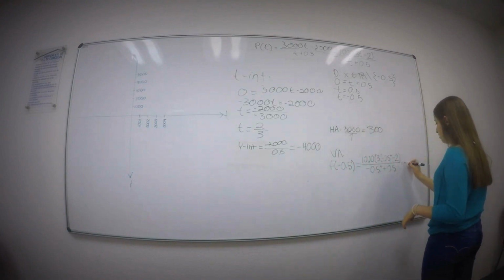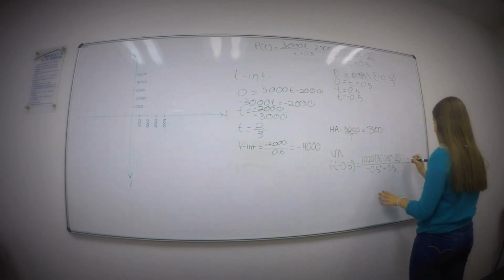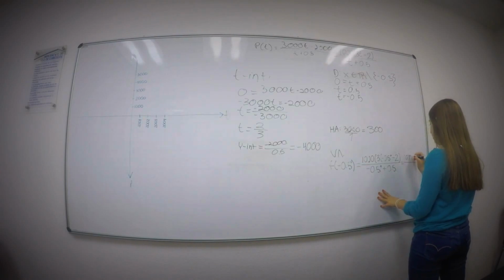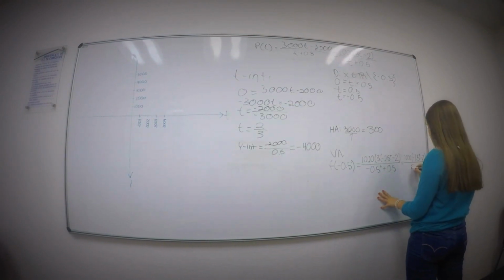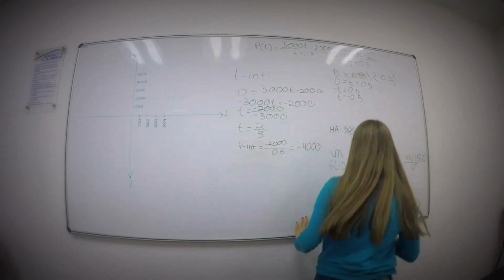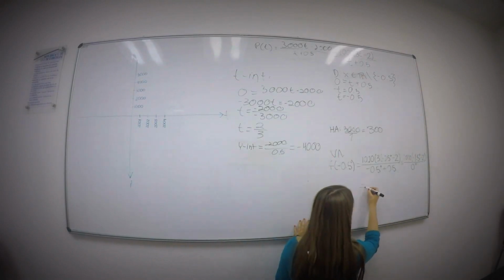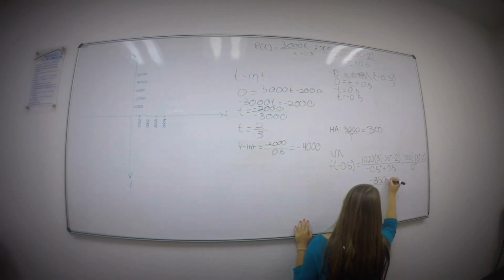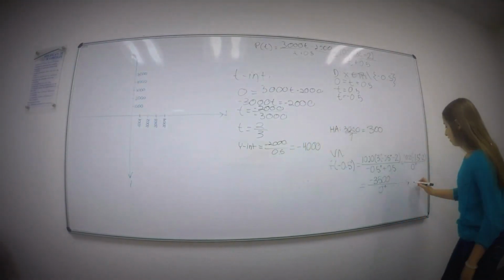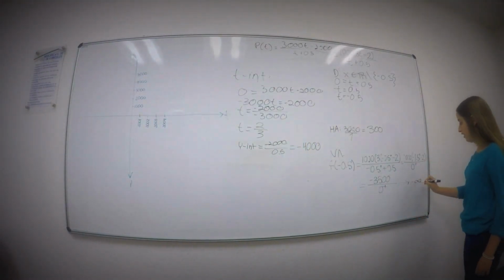This gives us 1000 times (minus 1.5 from the right, minus 2) over 0 from the right, which is minus 3,500 over 0 from the right, which approaches minus infinity.